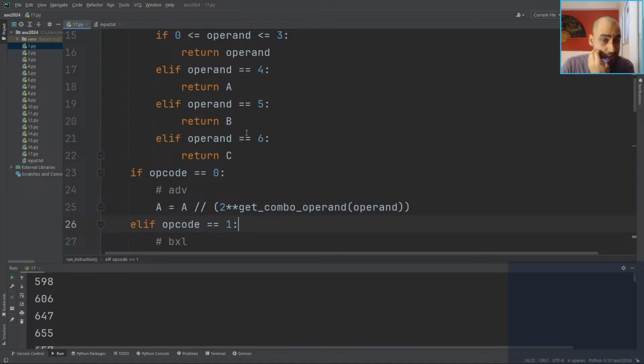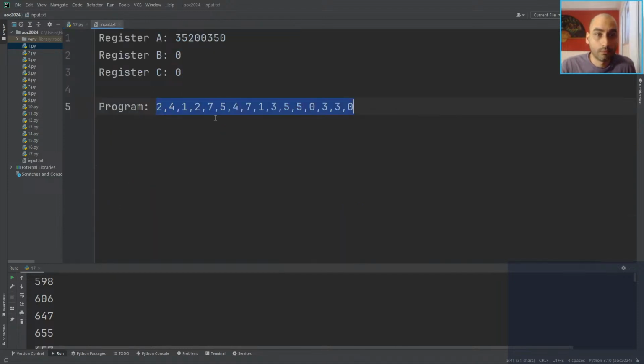Okay, so if A was, say, 8 to the power of 16, then we would output a number, and then it would drop to 8 to the power of 15.